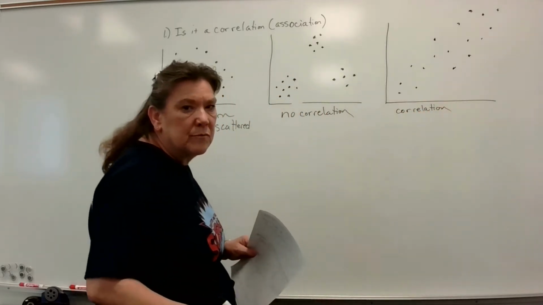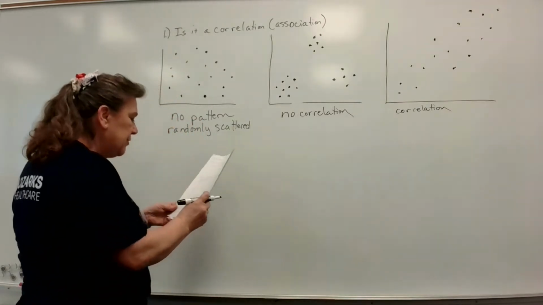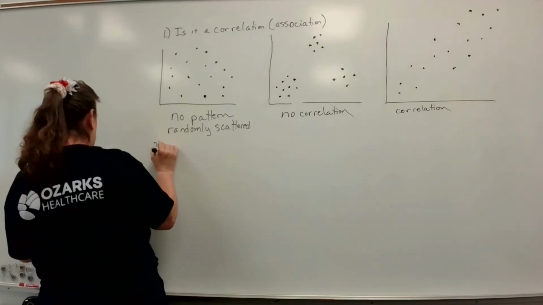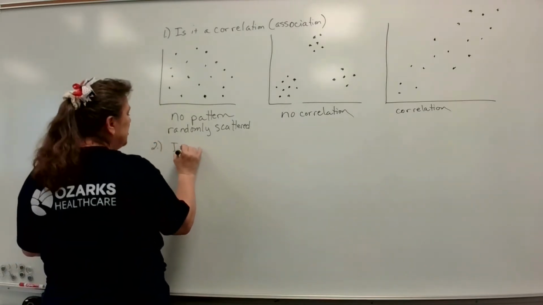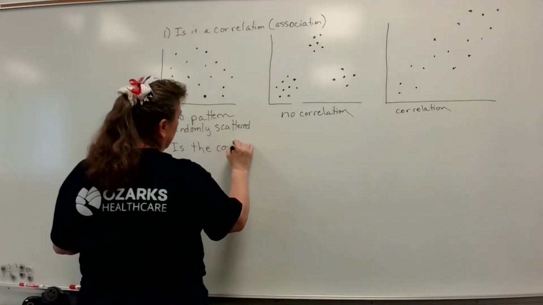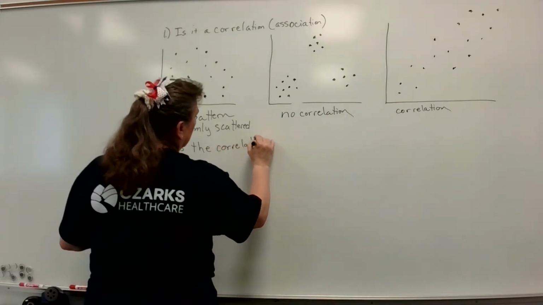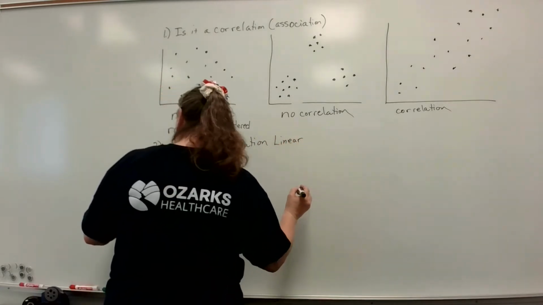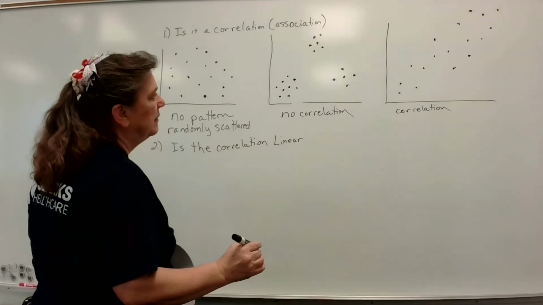Okay? The next question you're going to ask is, is the correlation linear or not? That means, does it make a line?